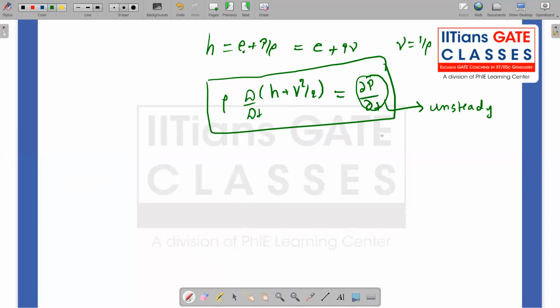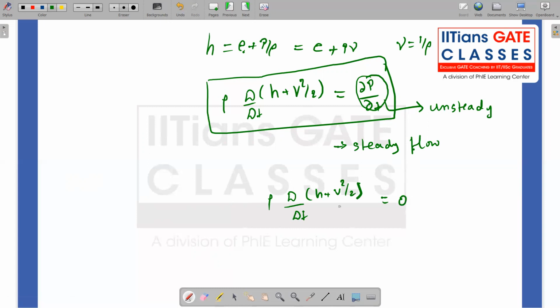So if I take an assumption of steady flow, then this temporal derivative vanishes. That gives me rho times d by dt of (H plus V square by 2) equal to 0.